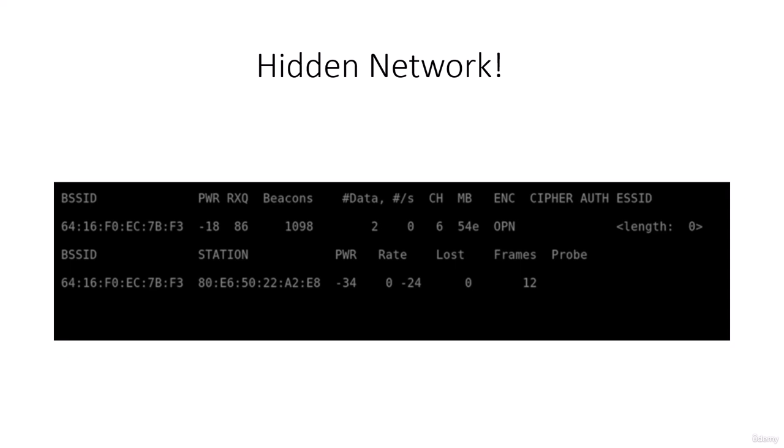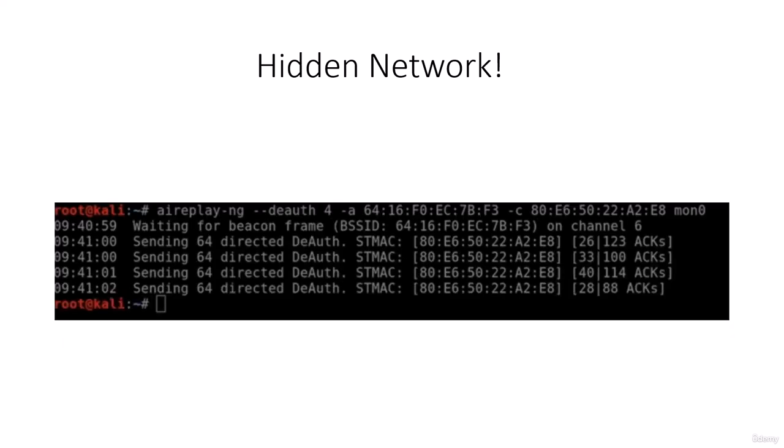All you are going to do is type this command, aireplay-ng, and this would be your connected machine and the MAC address. So we will be able to capture the name and know the network name.